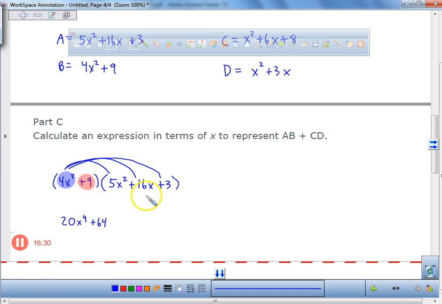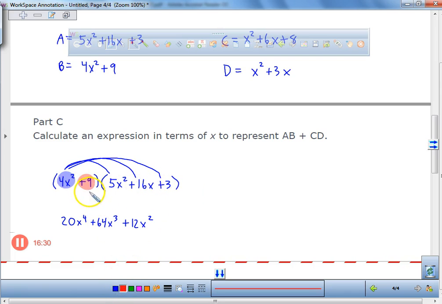And x squared times x is x cubed. And 4x squared times 3 is a total of 12x squared. All right? And we're done with the blue. We've literally multiplied 4x squared times every single term.